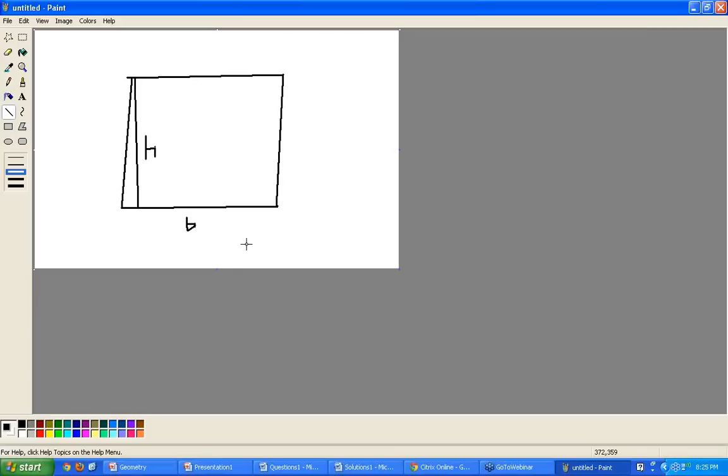So whatever you want you can take as the base, but then the height would be taken by dropping a perpendicular from the opposite vertex to that base. So any parallelogram, the area would be base into height. Okay, I hope this is clear. Please stop me wherever you would like to ask anything.